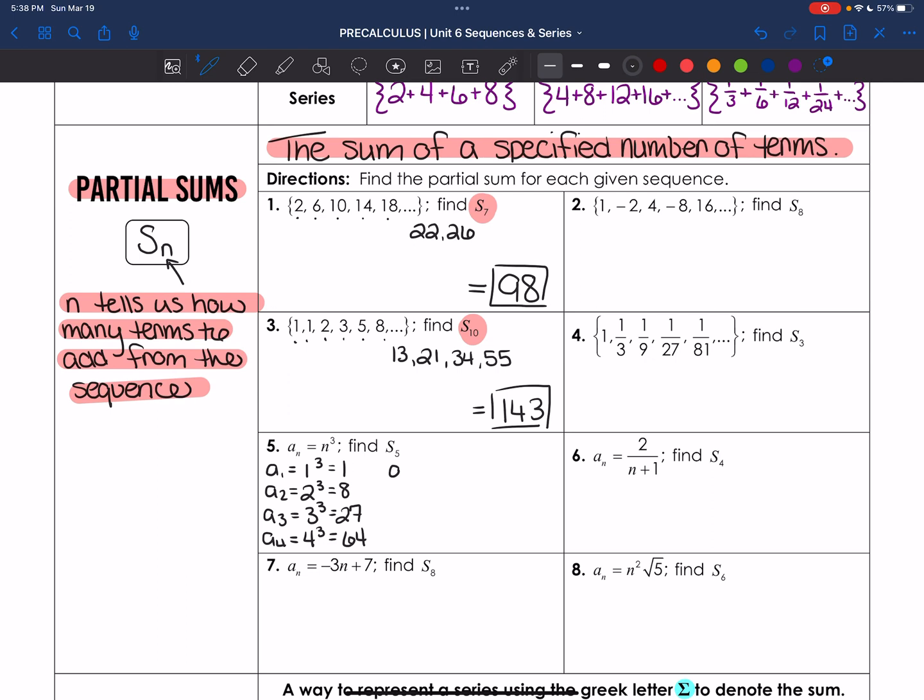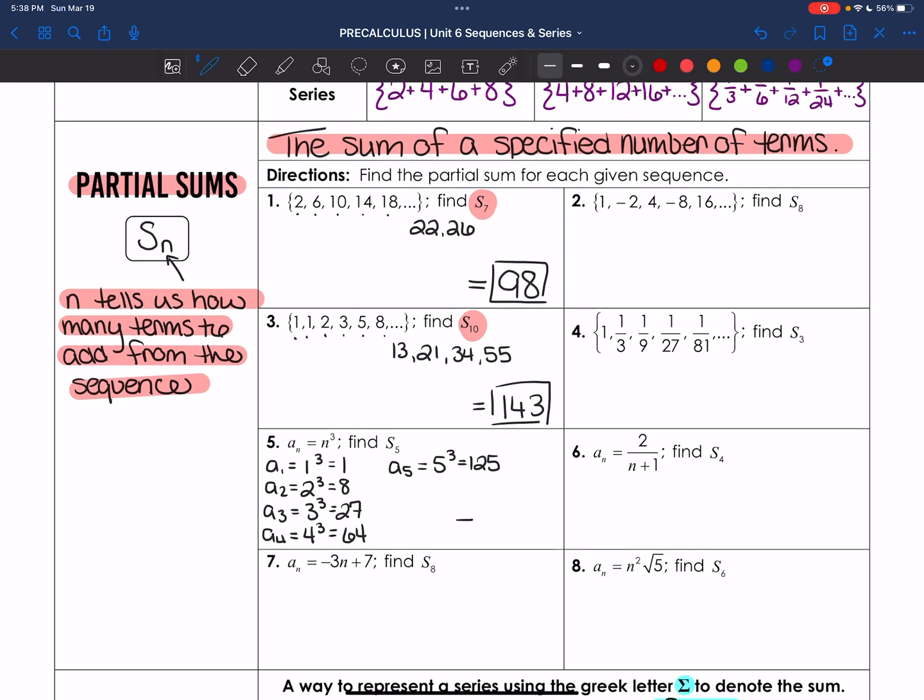And then finding our last term, because we just want to find our sum up to the fifth position, that is going to be 5 cubed, which is 125. So what is going to be the sum of those first 5 terms, ladies and gentlemen?